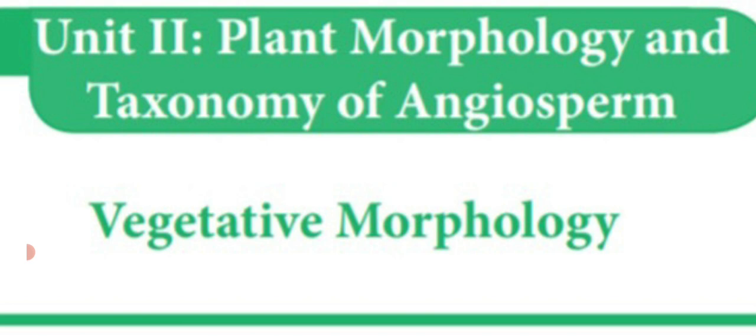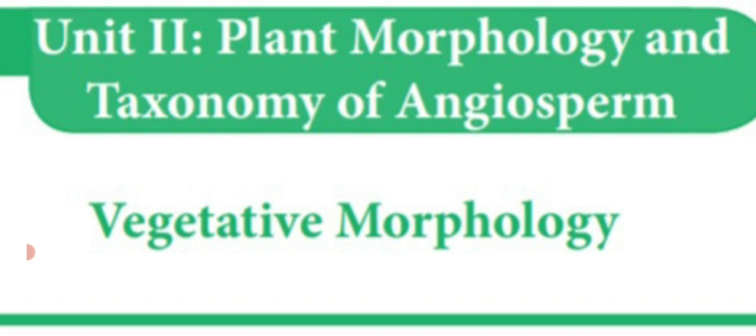Then we have seen what is root system. The radical region of embryo which gives rise to form a plant part is known as root system. Then it is divided into taproot system and fibrous root system.